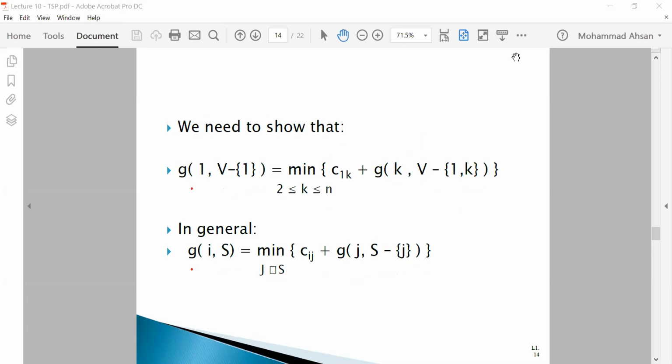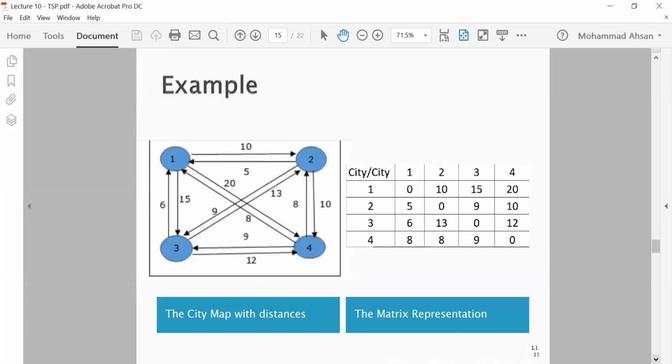So let's take a problem and see what we were talking about. This is a graph given to you. It's a directional graph, so when you have arrows in the graph, it means there is a direction. You can go from 1 to 2. You can go from 2 to 1 also, since there's an arrow in the backward direction.